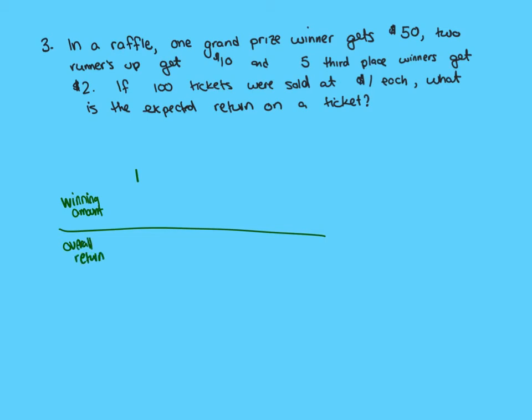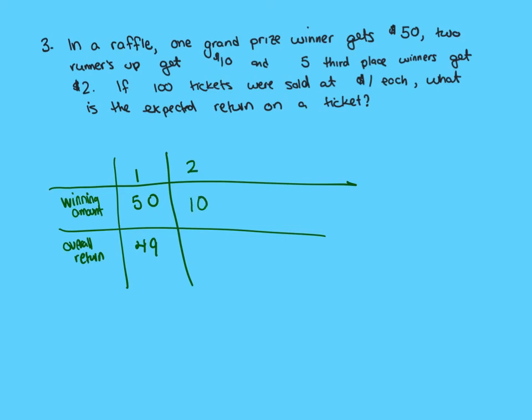So my 1 grand prize winner, they won $50, but their overall return is just $49 because I had to spend $1 on that ticket. We've got 2 people who get $10, so their overall return is $9. 5 people who get $2, which means their overall return is $1.